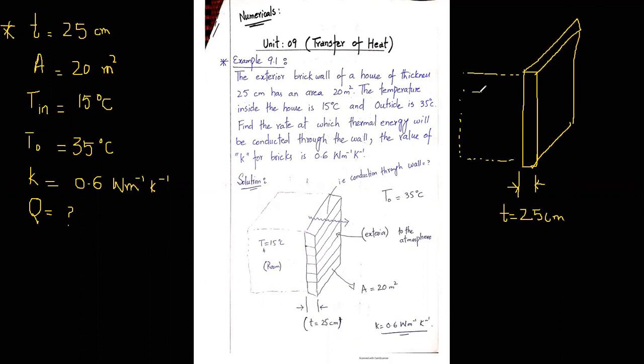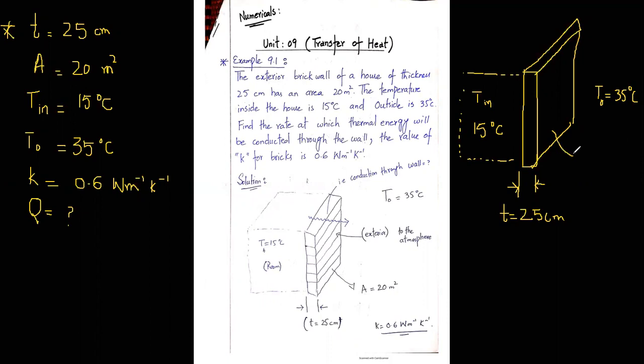So T in temperature is 15 degrees Celsius. This is outside, so T out equals 35 degrees Celsius.